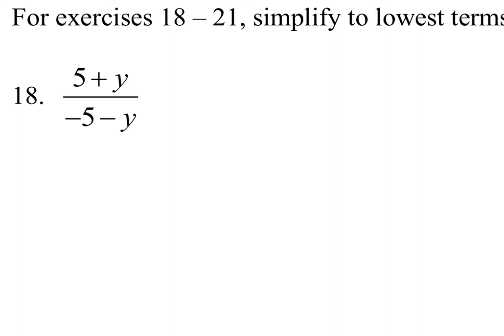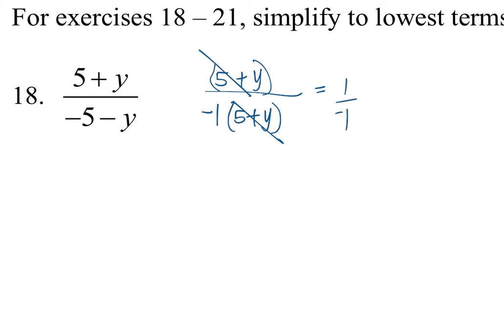Let's just do it in the bottom, since that negative 5 is a leading coefficient that is negative. So the top I'm going to leave the same. The bottom, factor out a negative 1, and you're going to be left with 5 plus y. So now those are the same, and I'm left with 1 over negative 1, which is equal to negative 1.